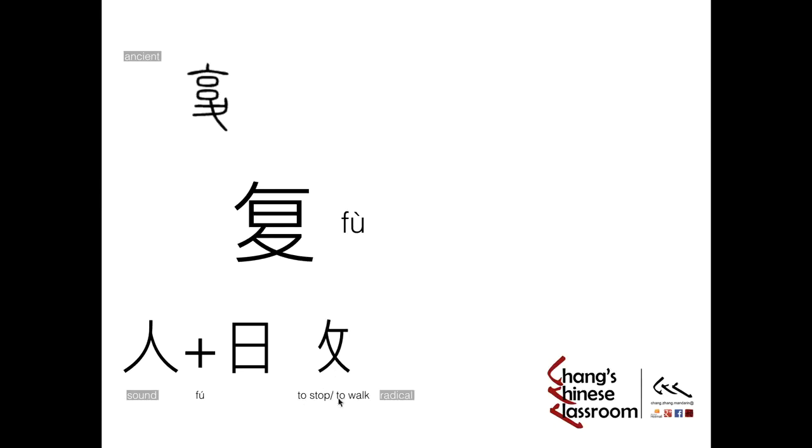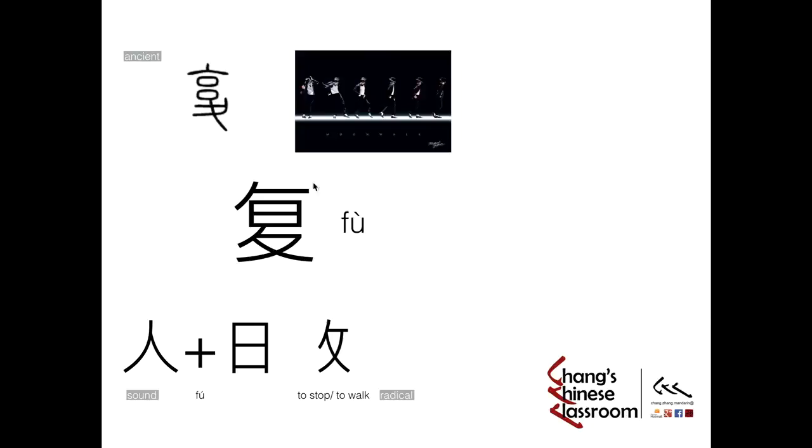It's pronounced as zhi and means to stop and to walk. When it is put beneath some part or just at the bottom of a character, it means to stop or to walk, just like a person is walking, okay, or just like the legs. So to me, I think a person goes back and forth.